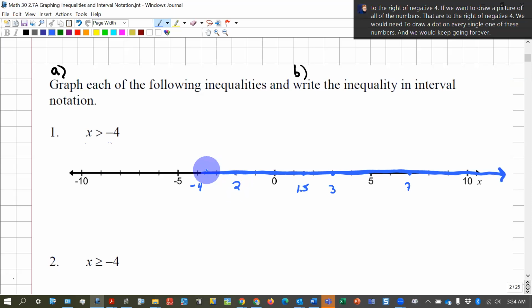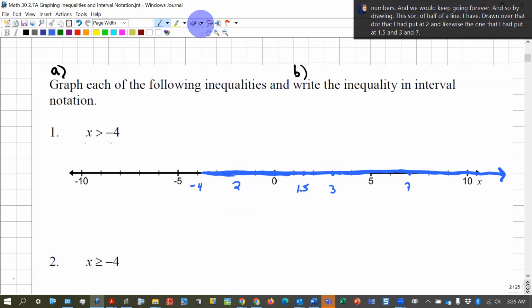And so by drawing this sort of half of a line, I have drawn over that dot that I had put at 2, and likewise the one that I had put at 1.5 and 3 and 7.